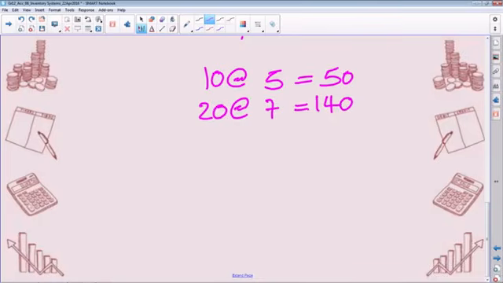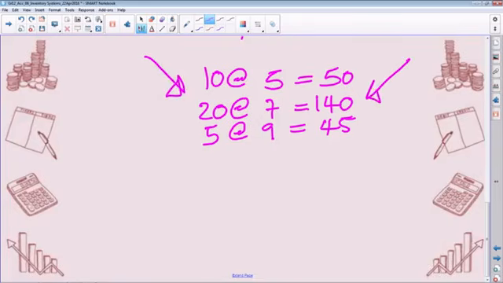And then if you bought another 5 items at 9 Rand, that would give you a value of 45 Rand. So, when we're talking weighted average, are we only looking at quantities? No, we're not only looking at the quantities, but we're also looking at the value. So in other words, we want the weighted average.